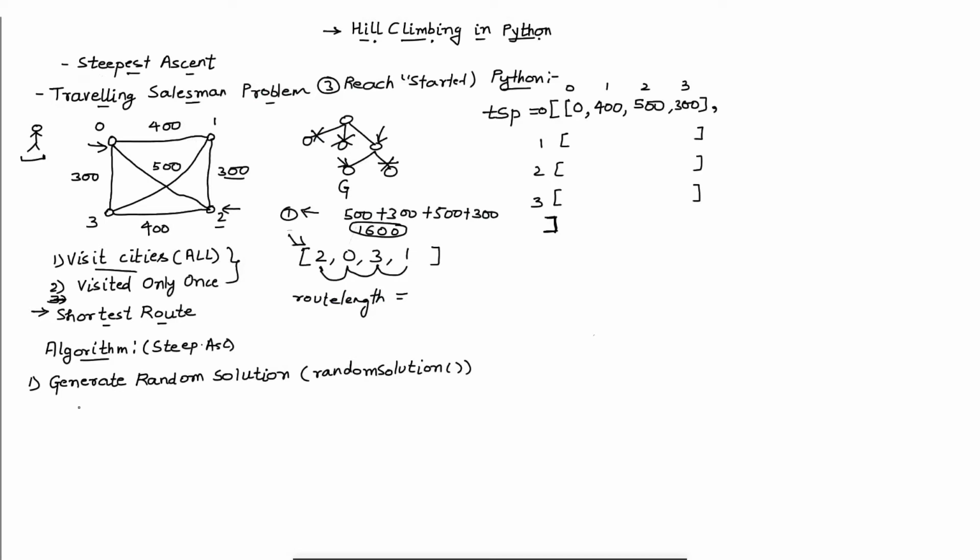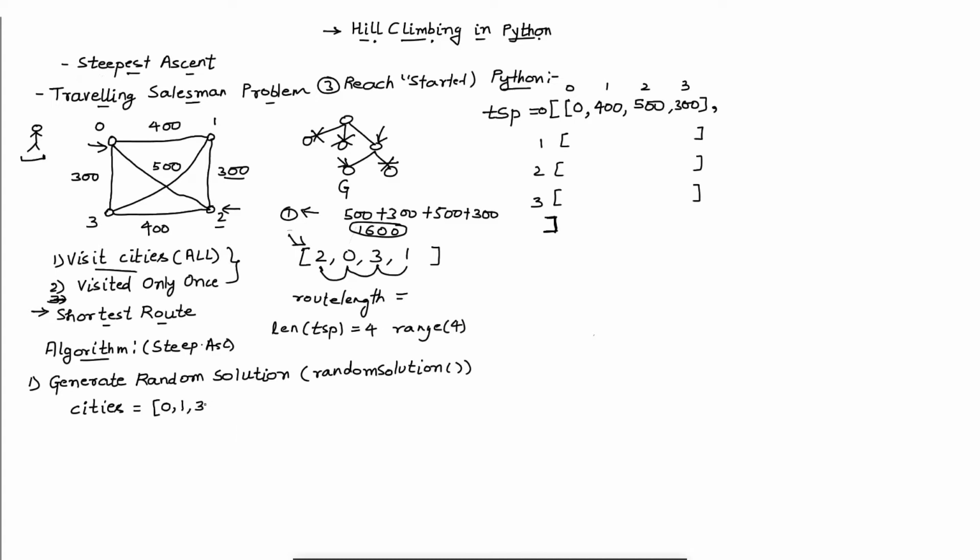So in this step 1 we are creating a cities list, which is nothing but a list of all the cities that we have, and we are using the length of tsp. The length function of the problem space will give us the value 4, and if we pass range 4, it is going to give us a range of all the numbers from 0 to 4 but excluding 4.